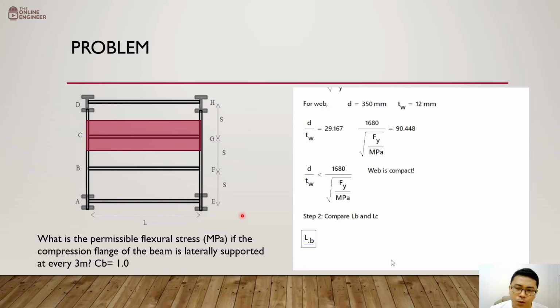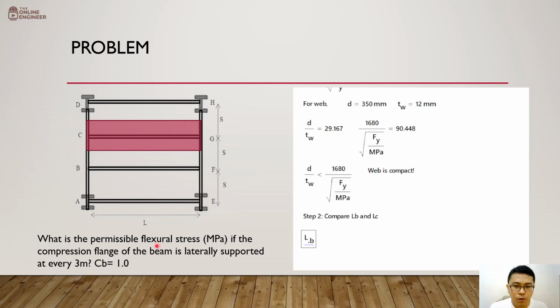Now, how are we going to determine our LB based on what we have here in our problem? So we can read the problem once again and look for phrases or keywords that would help us identify the laterally unbraced length, our LB.